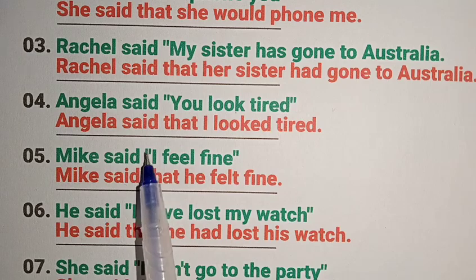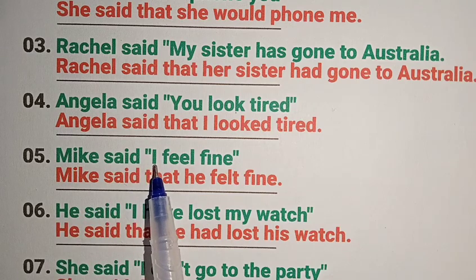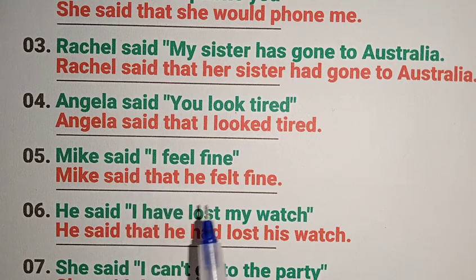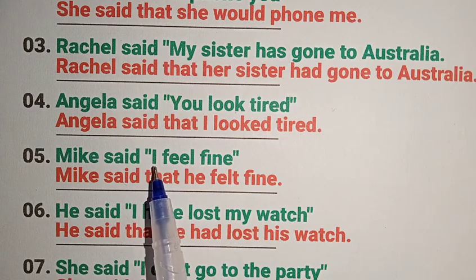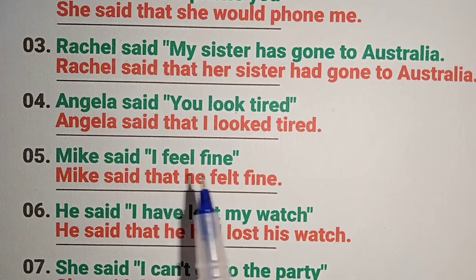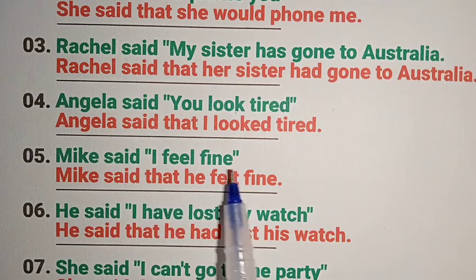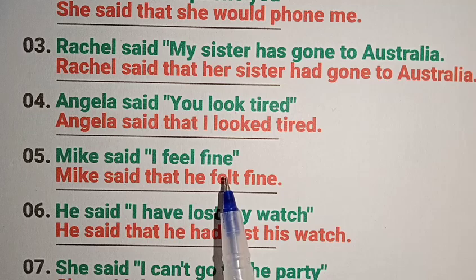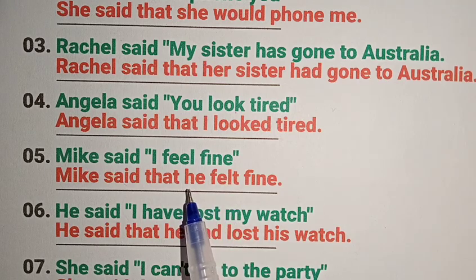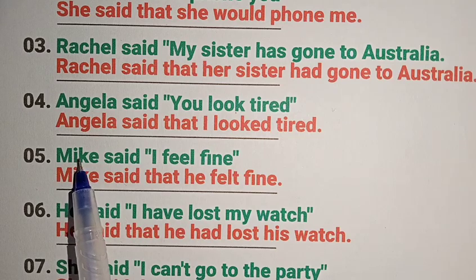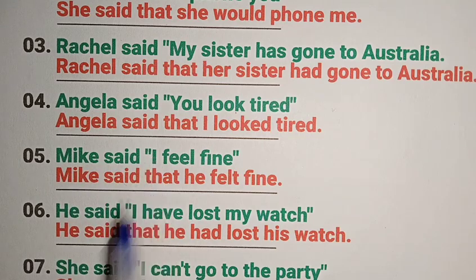So we can use the pronoun he to refer to I when we report the sentence to a third party, to a third person, because Mike talks about himself.